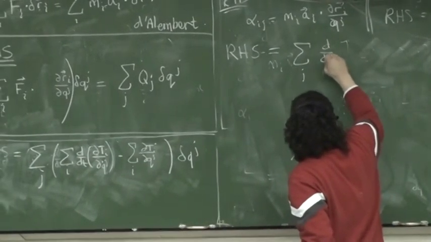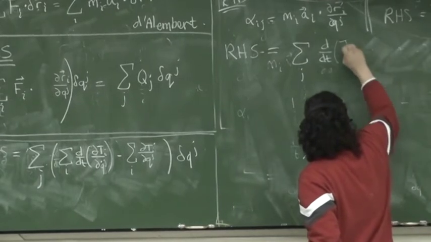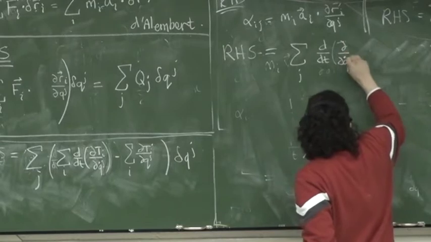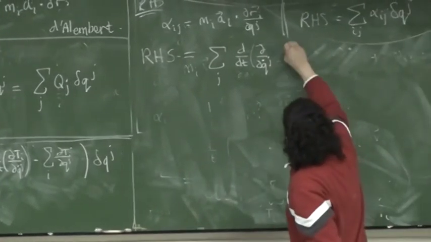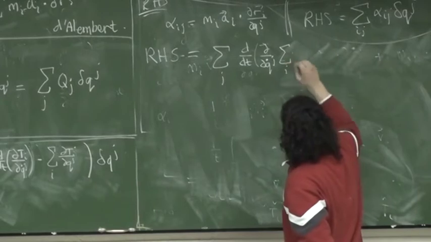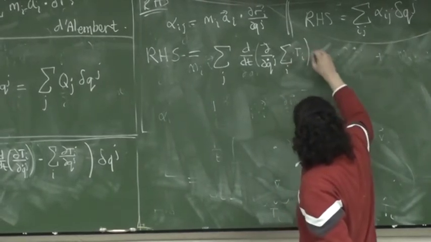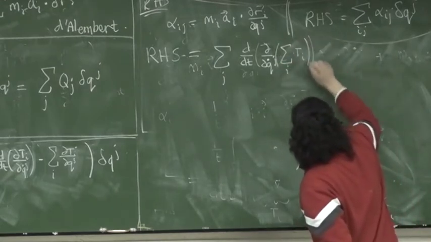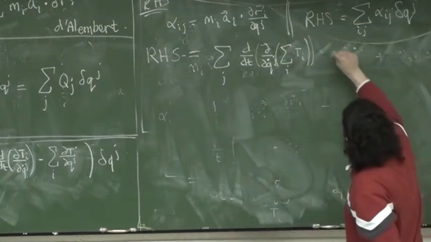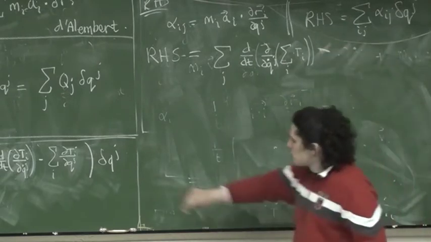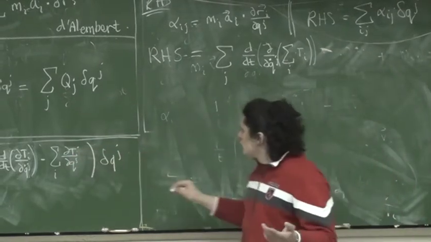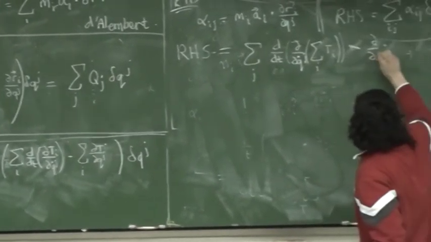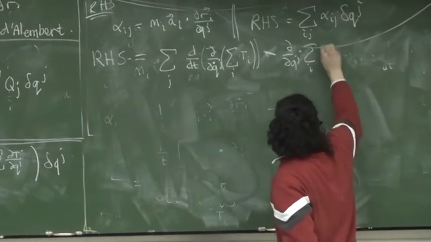D by dt of del by del qj dot of the sum over i of Ti, minus del by del qj of the sum over i of Ti.